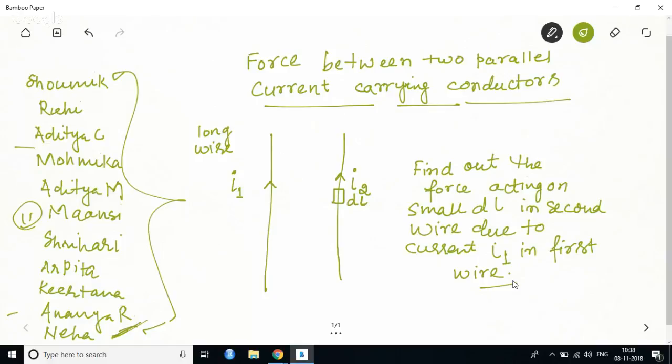No, Srihari, this is not an integration based problem. This is a very simple problem. Should I solve it?